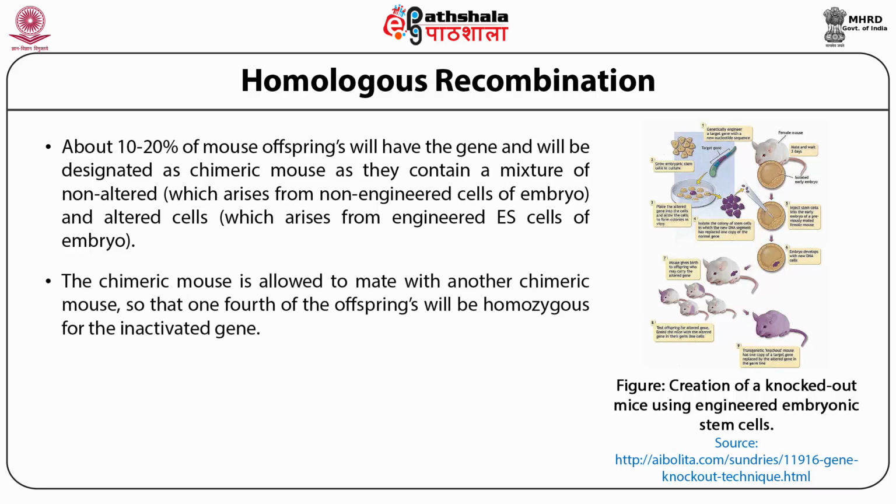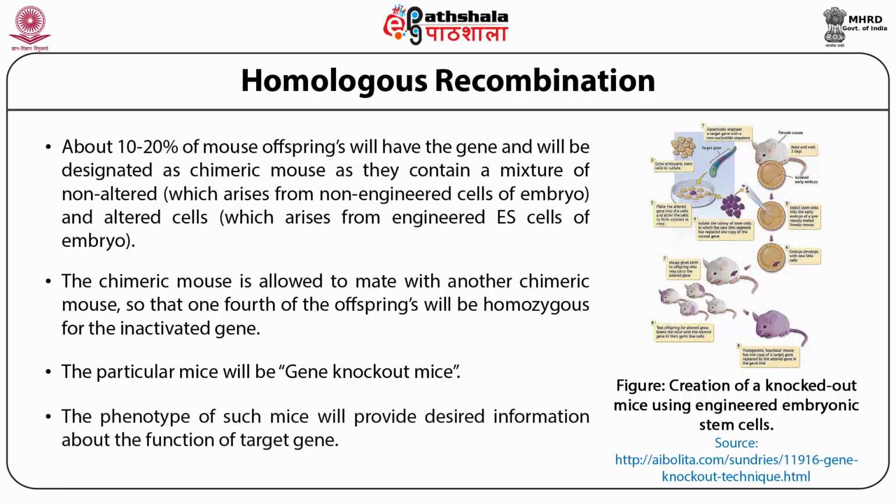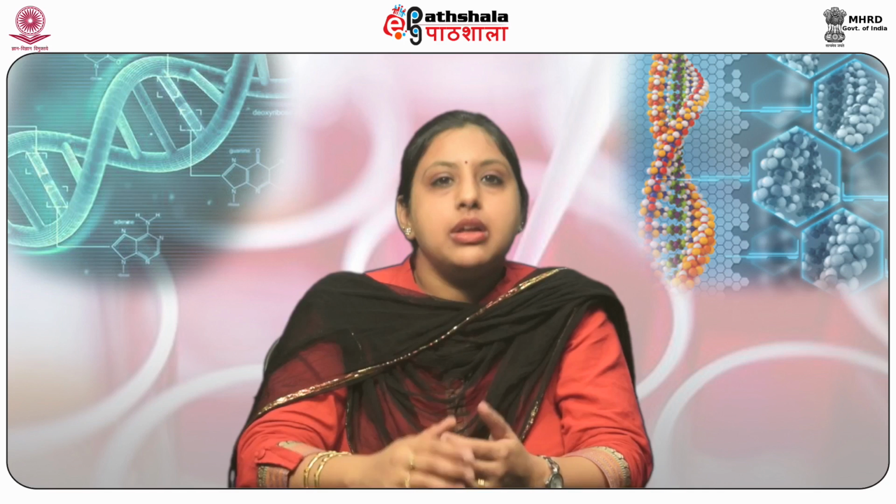The chimeric mouse is allowed to mate with another chimeric mouse so that 1/4 of the offspring will be homozygous for the inactivated gene. These particular mice will be termed gene knockout mice. The phenotype of such mice will provide the desired information about the function of a target gene.